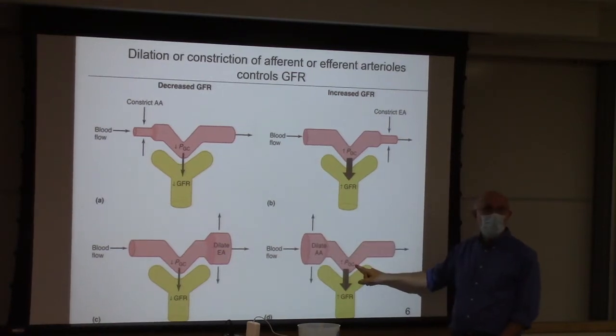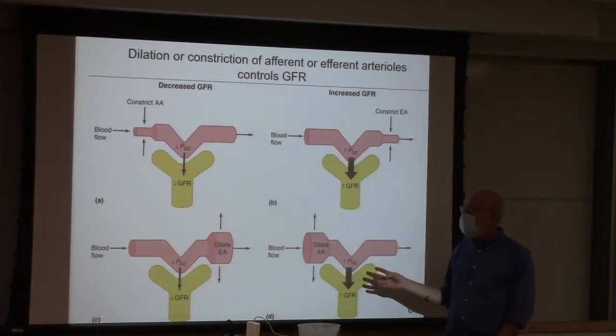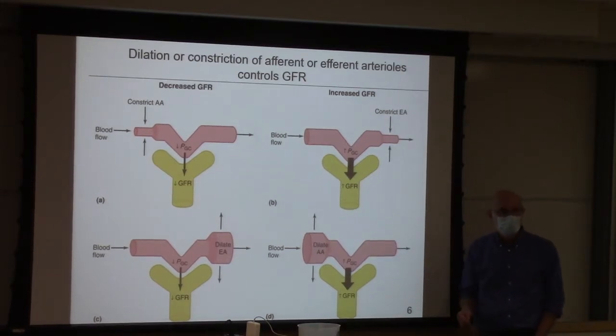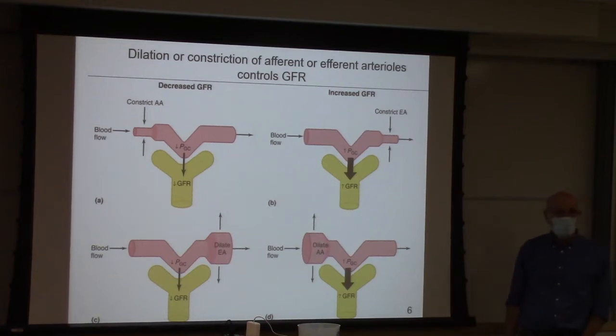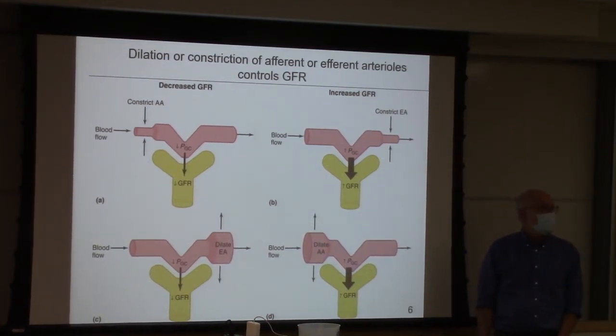But isn't there more volume? So there will be more flow, okay, but the point is it's more pressure. There will be more flow, but there will also be more pressure.